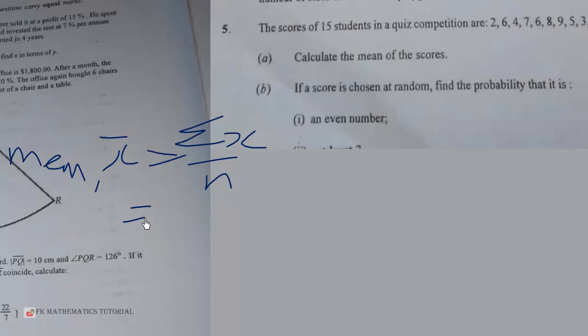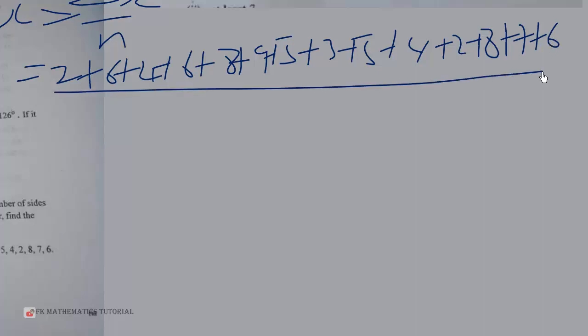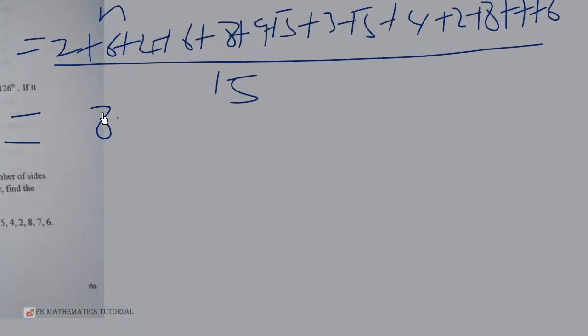So we add all of these: 2 plus 6 plus 4 plus 6 plus 8 plus 9 plus 5 plus 3 plus 5 plus 4 plus 2 plus 8 plus 7 plus 6, all over 15 because we have 15 students. Now when we add all of these, we are getting 82 over 15.